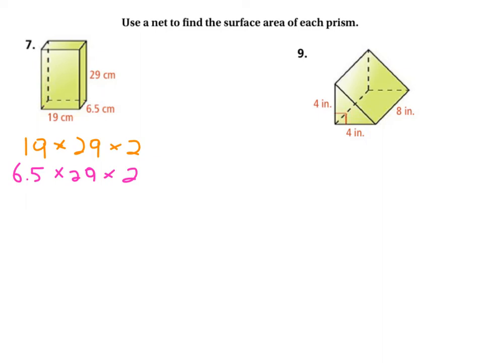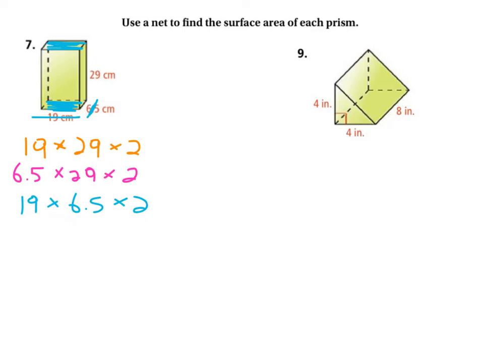And finally, we can take the top surface here and the bottom surface. And what do they measure? Well, they are 19 across by 6.5 this way. And of course times 2.